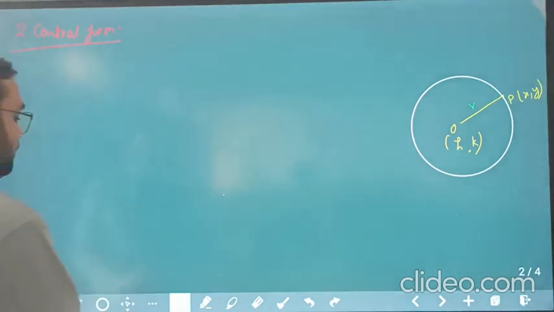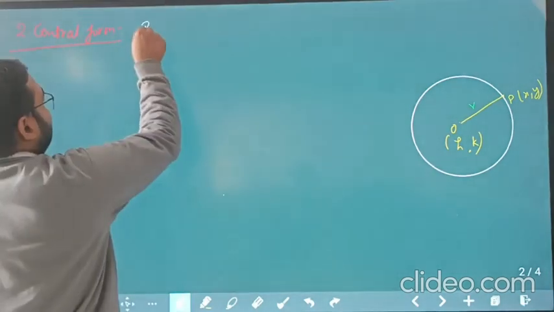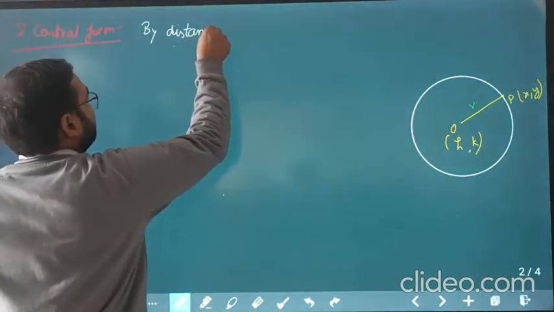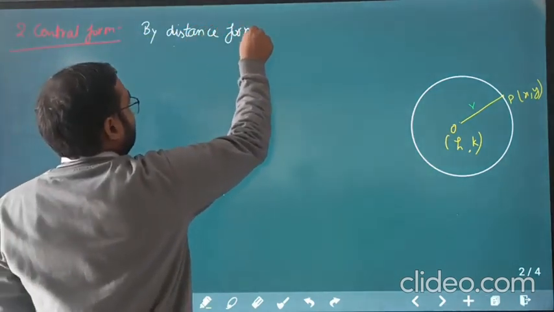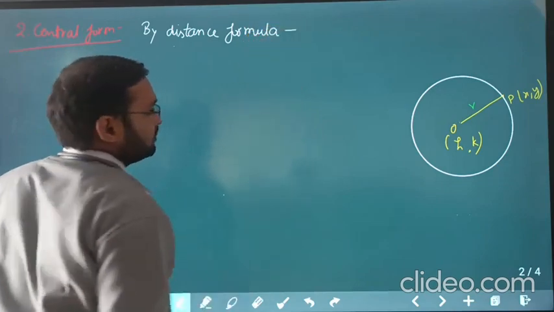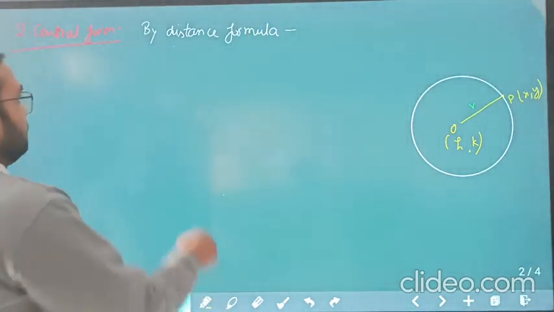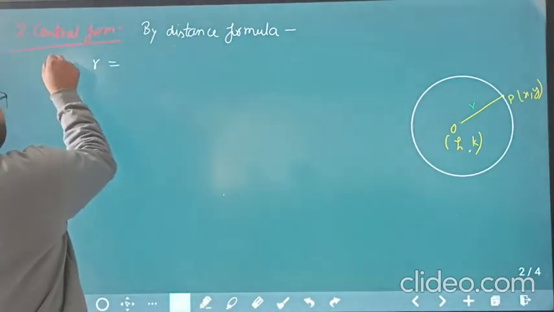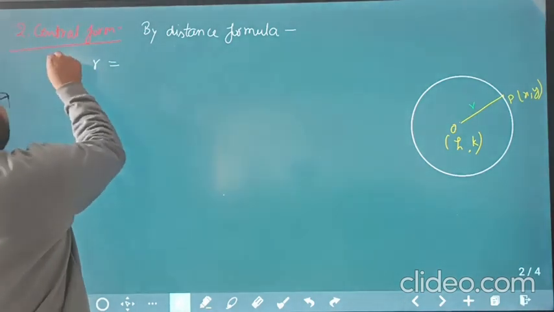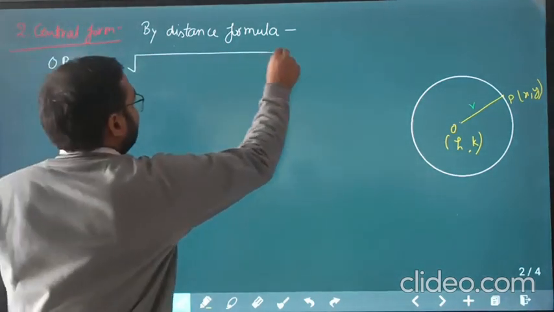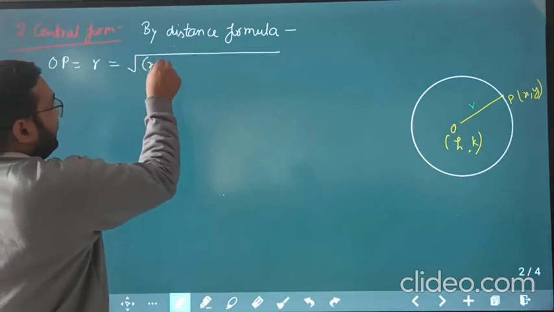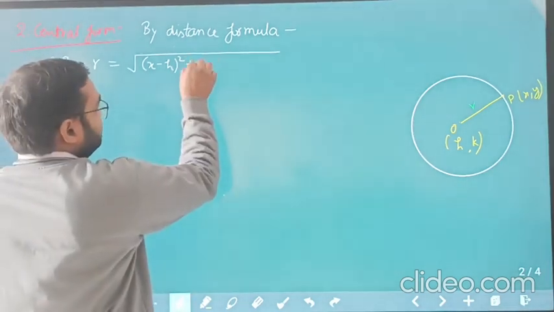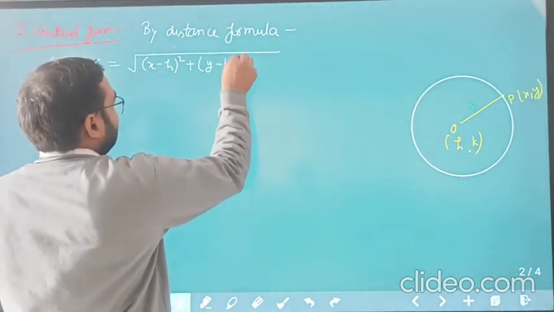So now by the distance formula, we can say the distance OP is equal to r, and that will be equal to under root x minus h whole square plus y minus k whole square.